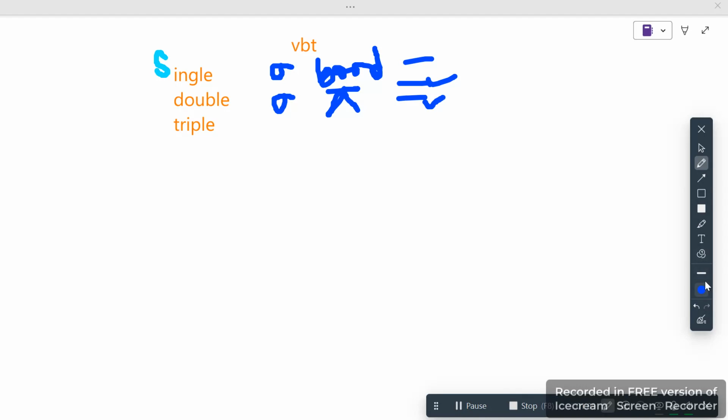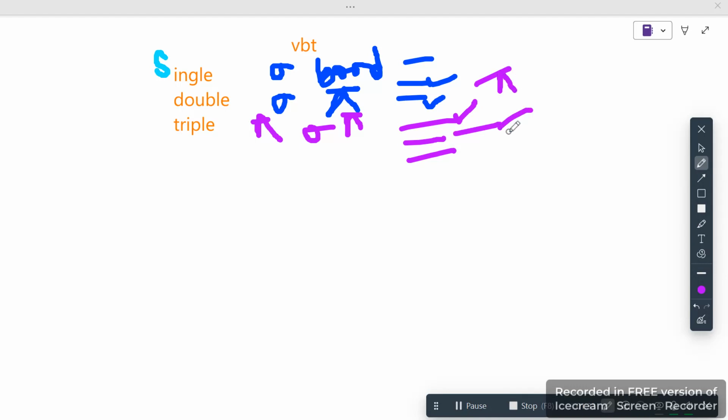If we have a triple, the first would be pi, the second would be sigma, then the third would be pi. Okay, these would be the sharing in all of these.